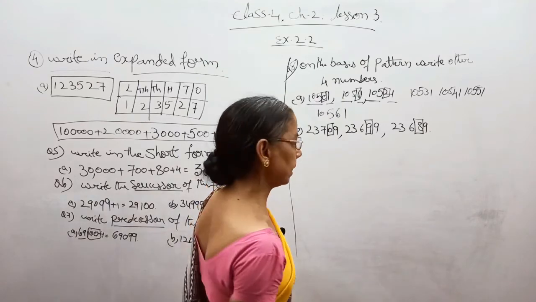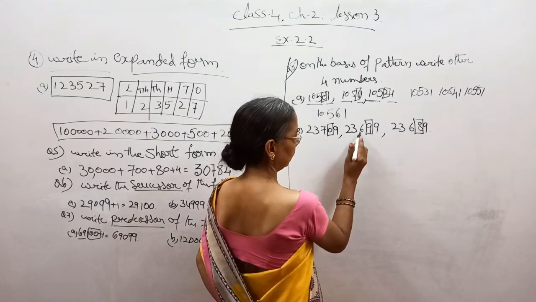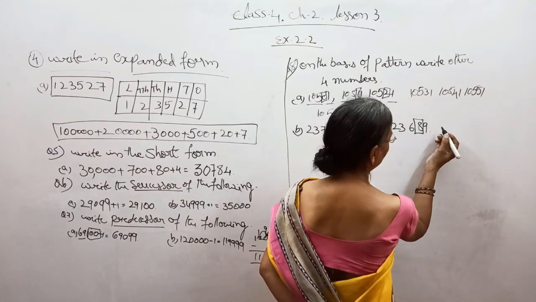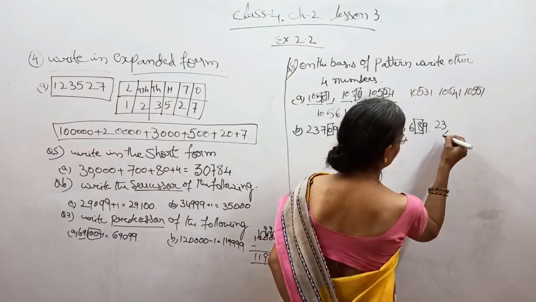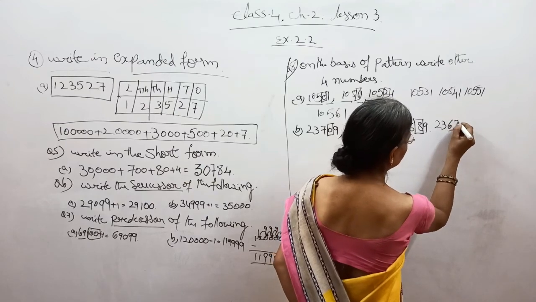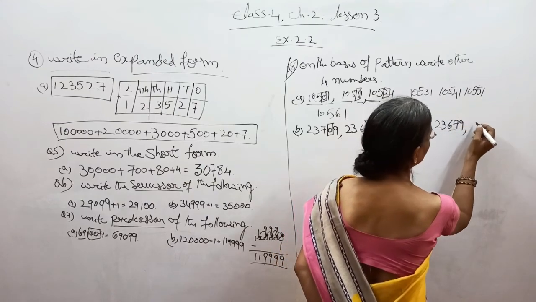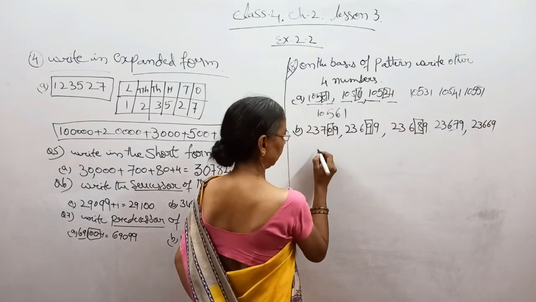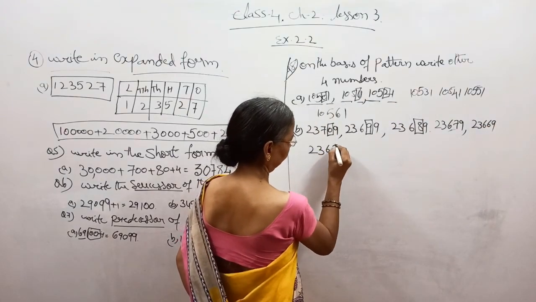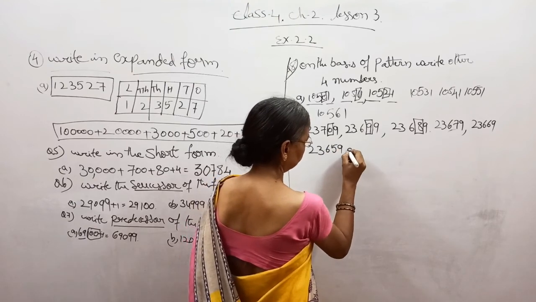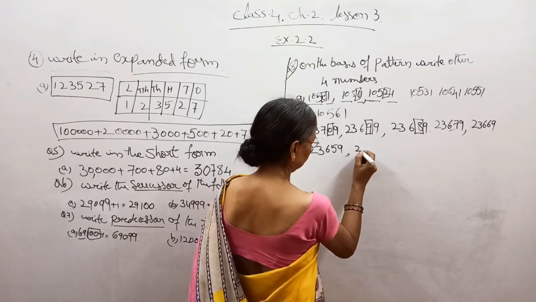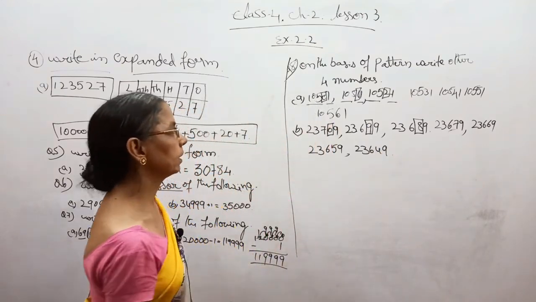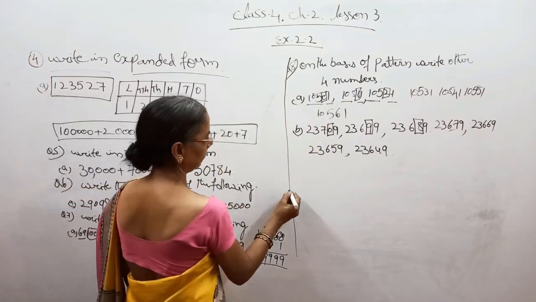Here it is 709, here 699, then 689. Now we can write 23,679, then 23,669, then 23,659, and lastly 23,649. Like this, the exercise will be completed.